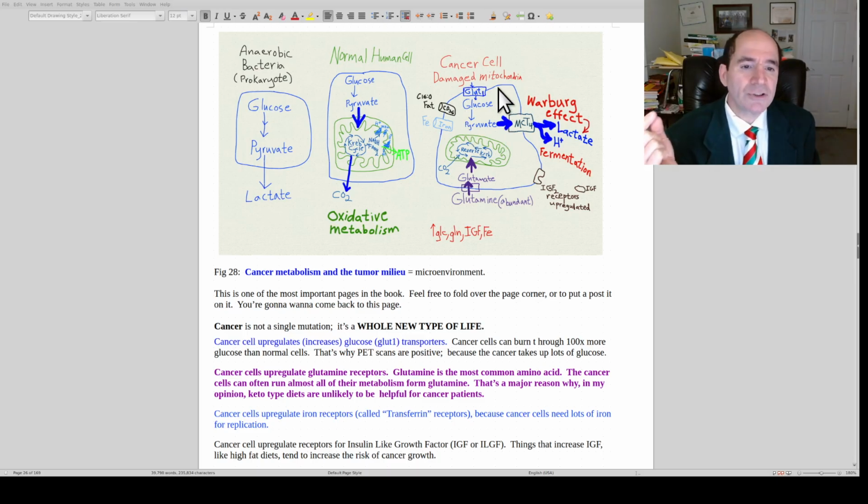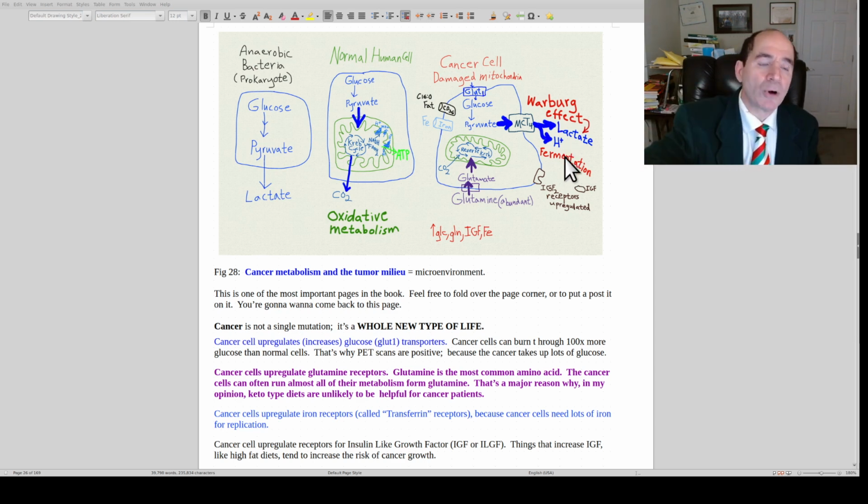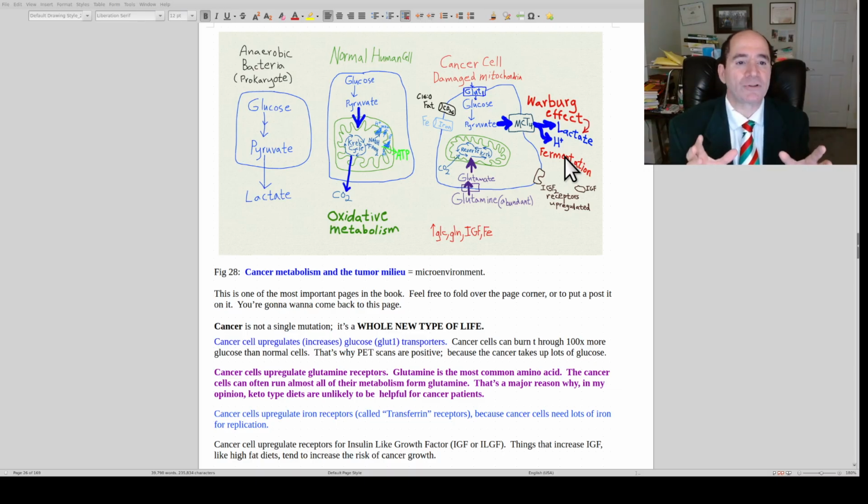Okay, so the cancer cell then will take the glucose, metabolize it to pyruvate, and then excretes lactate as a waste product. It also pumps out protons into the extracellular matrix, the space around the cancer cell. So that makes it acidotic. Acidic pH means how acidotic an area is, how many protons are floating around. Okay, so there's a lot of protons in the extracellular space around the cancer cells.